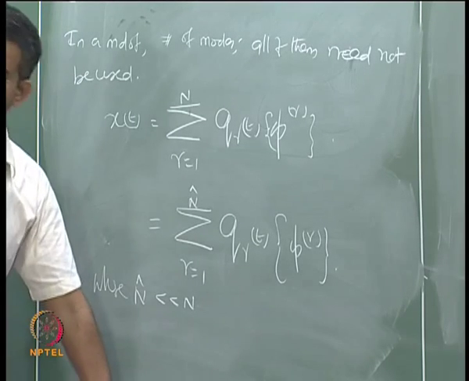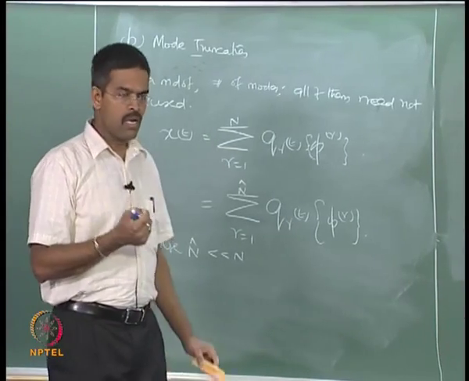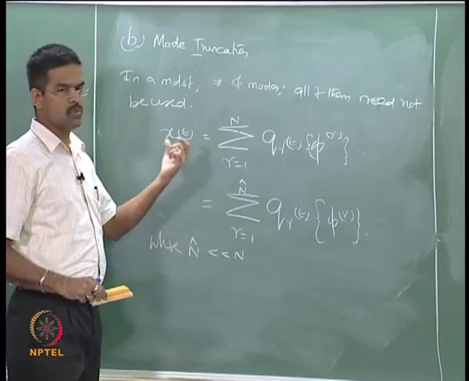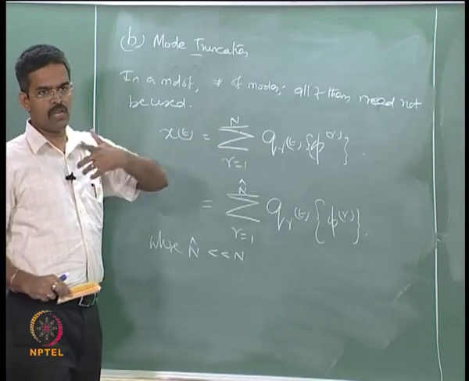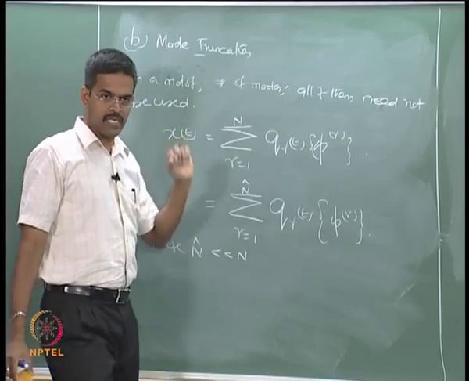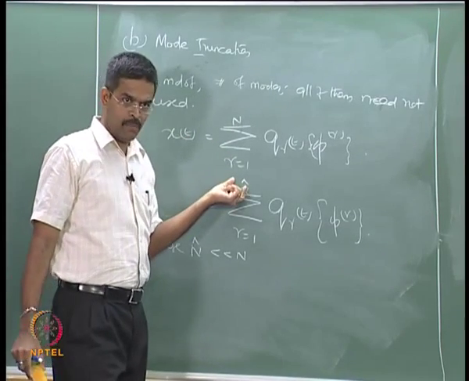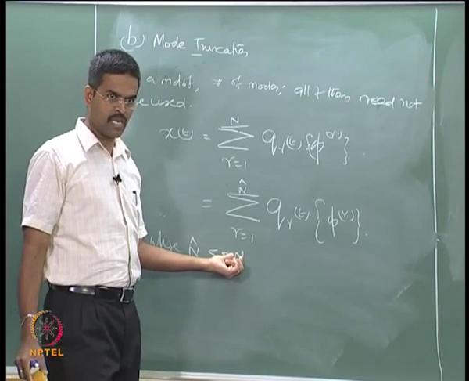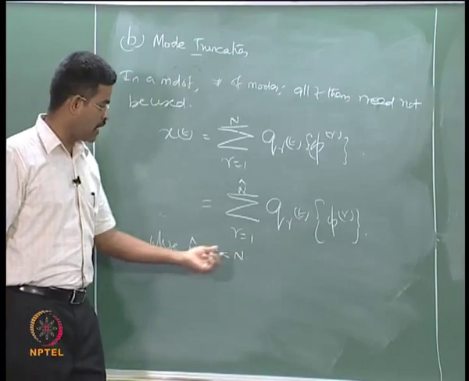Now the question comes, what are the factors which will govern how many modes I should include? What should be the n value? N for a 6 degree freedom system is 6, for a 30 degree freedom system is 30. N hat can be any number of your choice, lower than 30 or 6, and can be very much lower if n is very high.